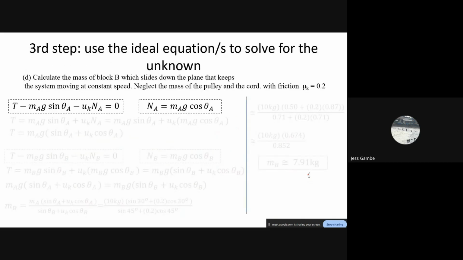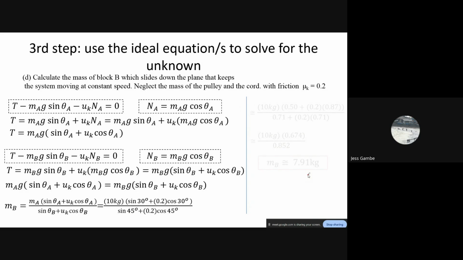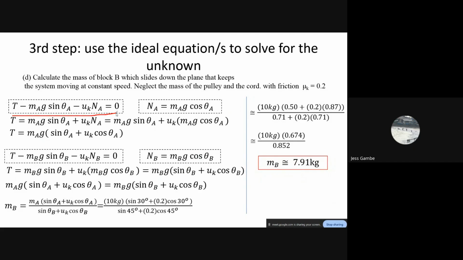Next is to calculate the mass of block B, this time with friction. So it's a bit longer because of the additional terms. But essentially you have the expression for the tension here. However, we don't know NA. But from the y-axis, we are able to obtain this.